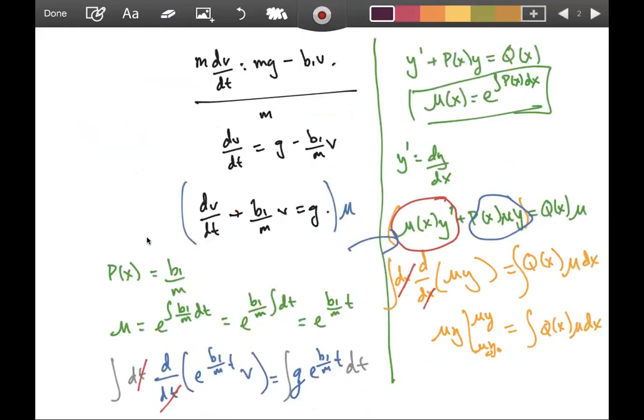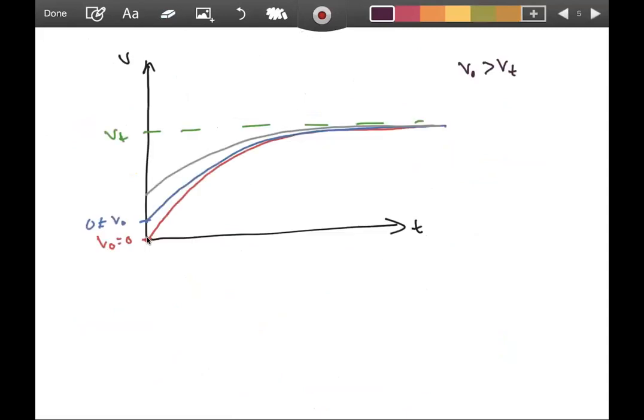So going back to my plot here, even if I start off with an initial velocity greater than my terminal velocity, I'm going to start off somewhere out here with my initial velocity, but it is going to decrease and decay exponentially until it asymptotes towards that terminal velocity. So again, no matter what this initial velocity is, it's going to asymptote to this terminal velocity.